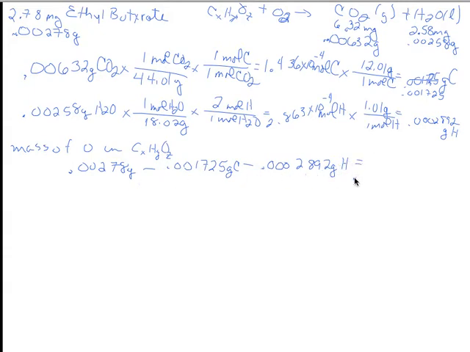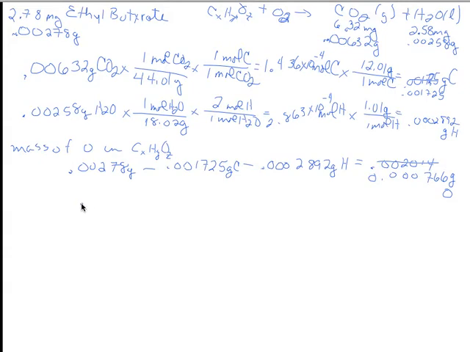I should get 0.002014. That doesn't look right. Oh, because it's not. No, that's not right. It's this: 0.000766 grams of oxygen. That looks better.